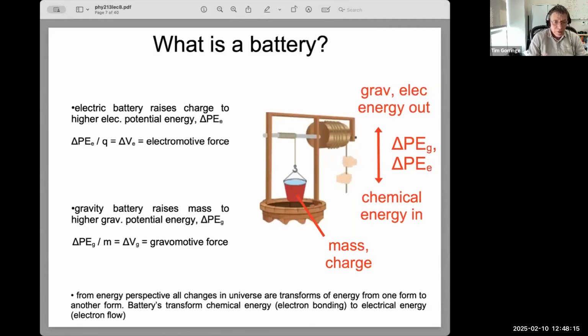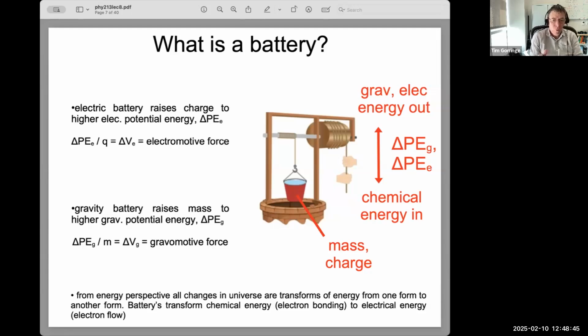From the point of view of energy, what's going on in the universe is changes, transforms of energy. Energy is being transformed from one form to another, or changed from one owner to another. There's no energy being created or destroyed.